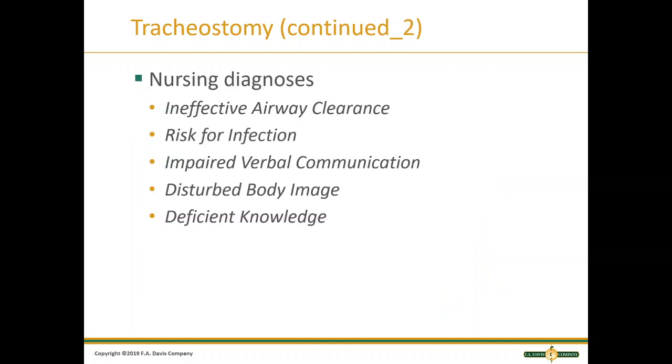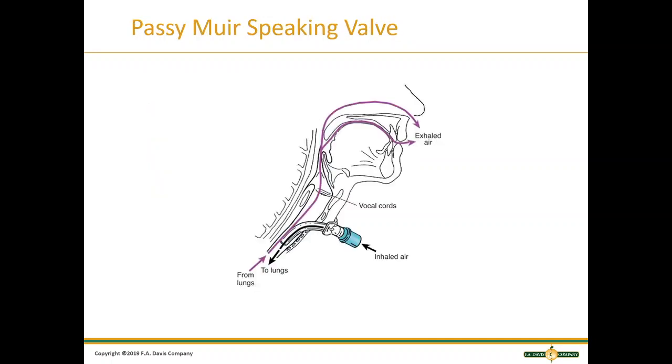And these are our options for nursing diagnosis. Passy Muir speaking valve. So people that have trachs, they can speak. That is something that you will find along with the trach care on, let's see, page 546.